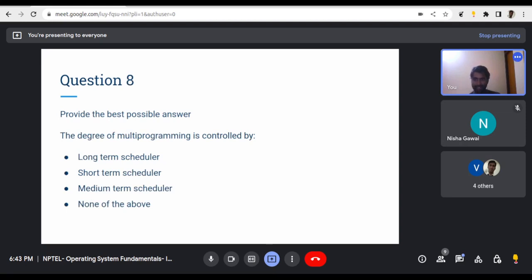We had discussed parts of this question previously also. Who controls the degree of multiprogramming? The degree of multiprogramming is determined by how many processes are present in the ready queue. So who controls that? Can anyone say?